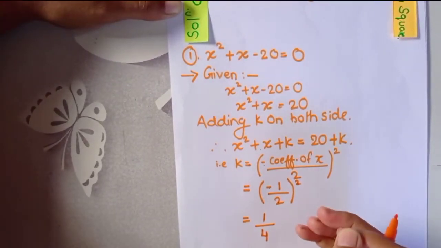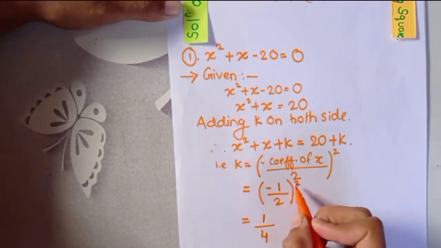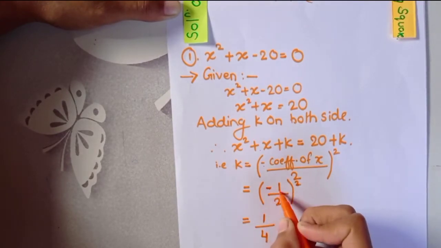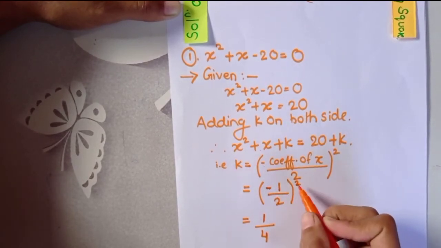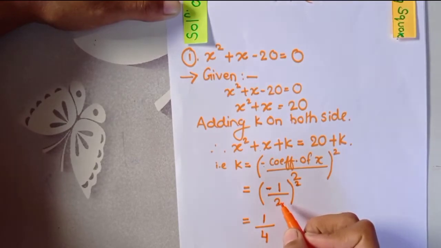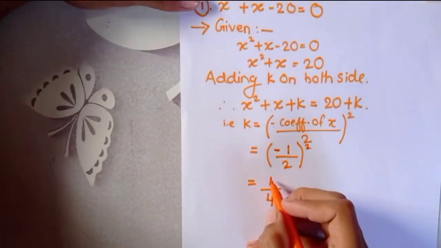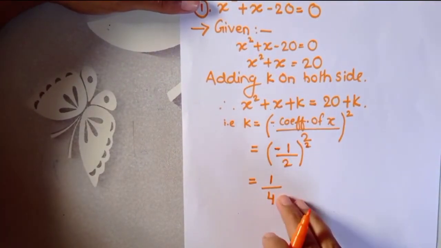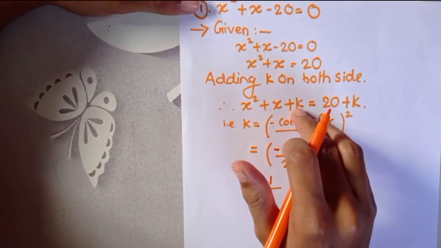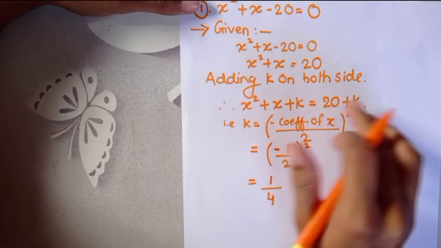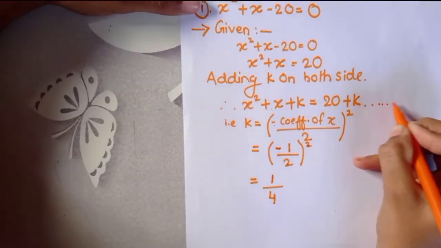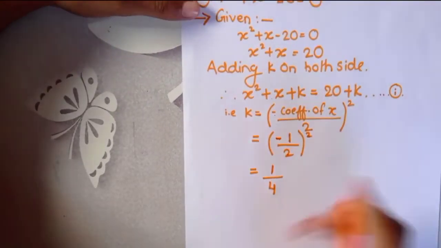Or some students will square only the numerator, but they will not square the denominator. You should not make such silly mistakes. So it is 1 by 4. Now this value we have to add in this equation, that is equation first.